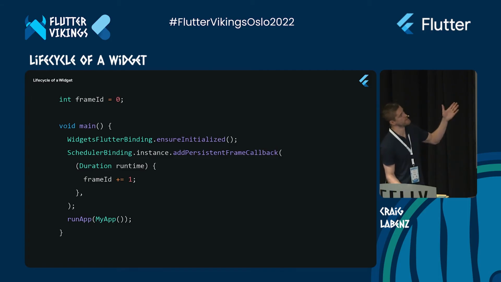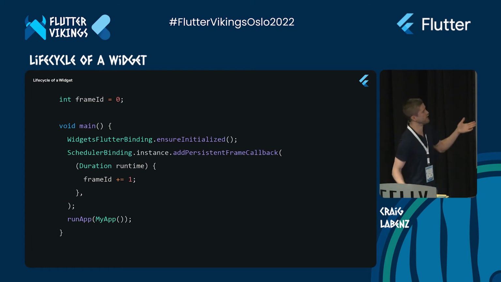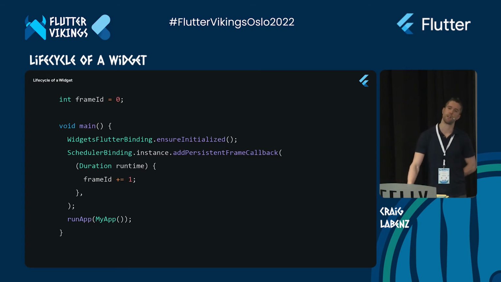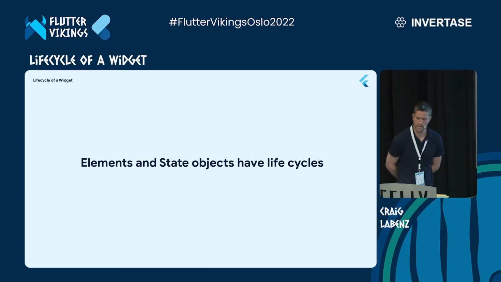You could do this. And admittedly, it's a bit academic, but maybe if you have some flickering in your app, then logging a global frame ID variable might help you debug. But enough is enough. This is where Flutter gets to the good stuff. So we said earlier that elements and their state objects have life cycles, and we are going to start with elements.